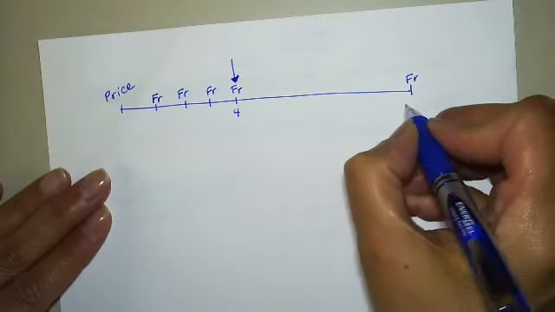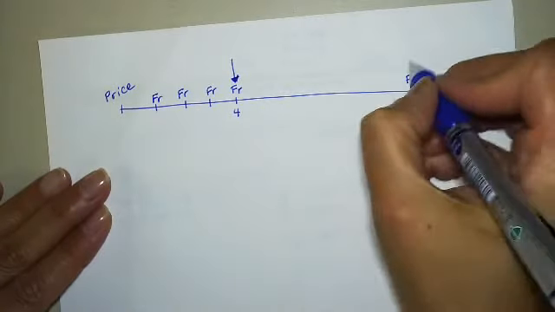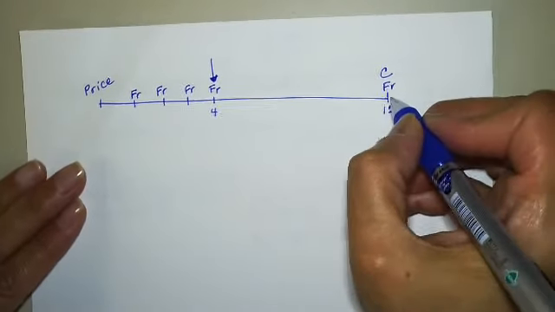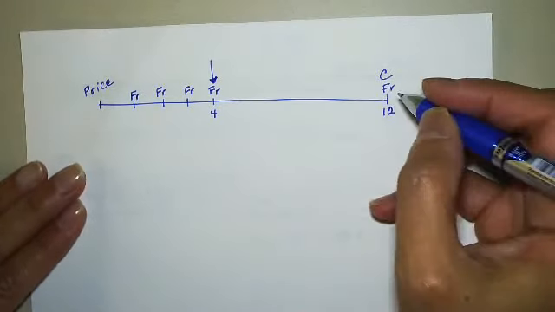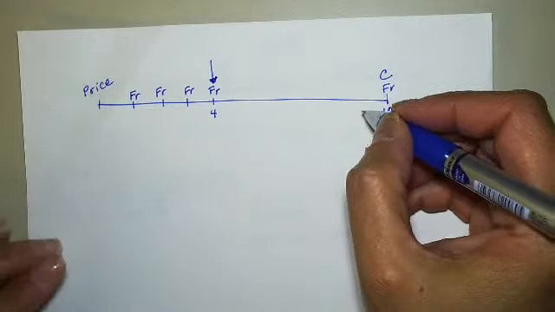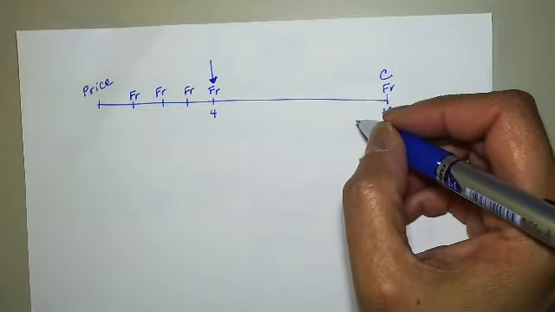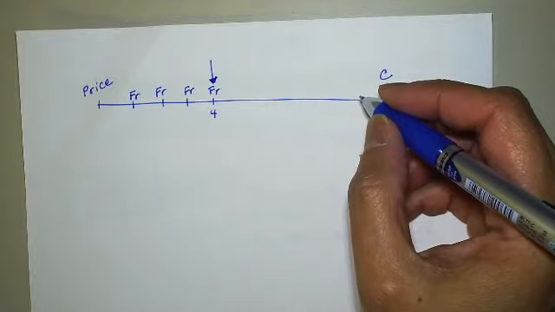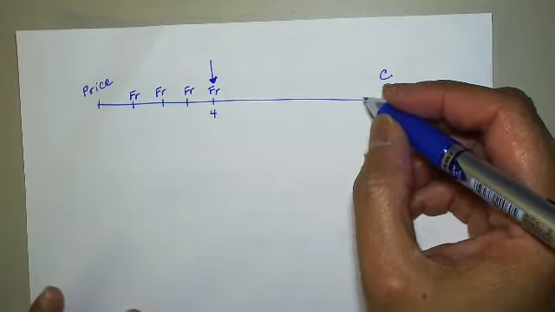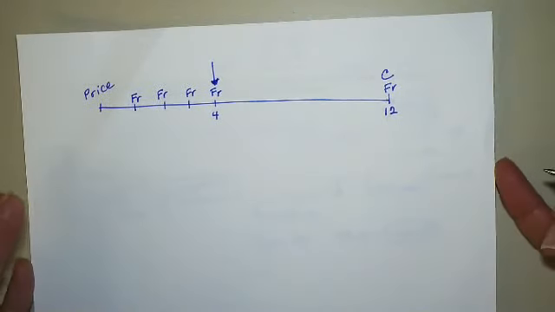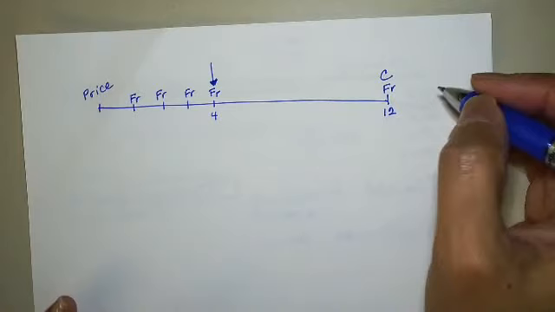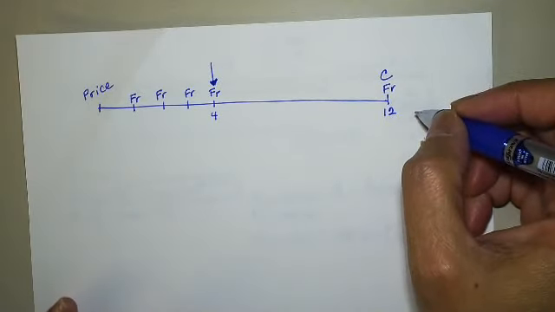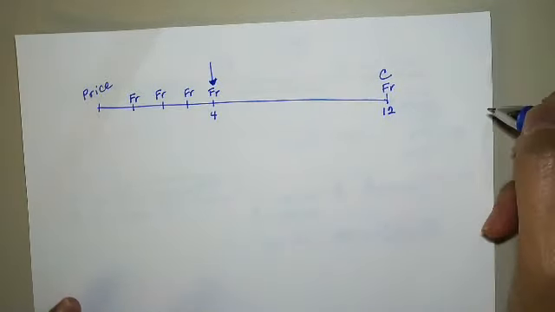I want to sell this bond. And this would go on, say, to time 12. And I was expecting a FR at 12, and I was also expecting redemption at time 12, but I decide to unload this thing to somebody else, to some other sucker, right? And I say sucker because I'll explain in a couple of minutes after you tell me what's a fair price for this bond. Let's think about that.